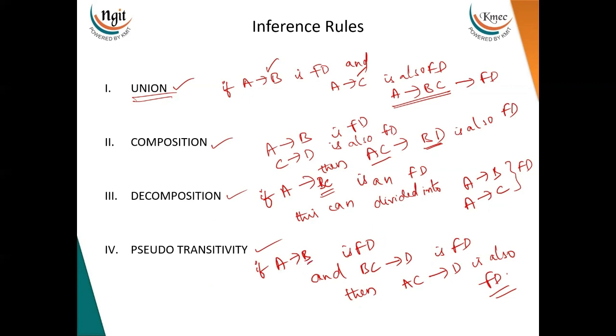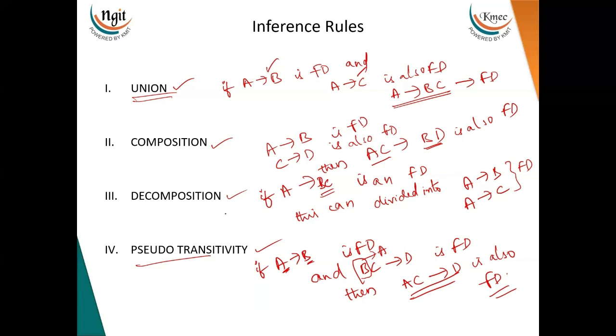The value of B can be identified with the value of A. That means this value is dependent on the value of A. So thereby, in the place of B, I am replacing it with A. Now what do you get? AC tends to D. So this is also functionally dependent. And this can be achieved with a rule known as the pseudo-transitivity rule.